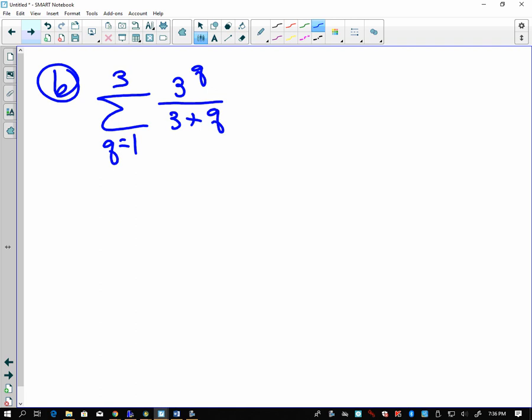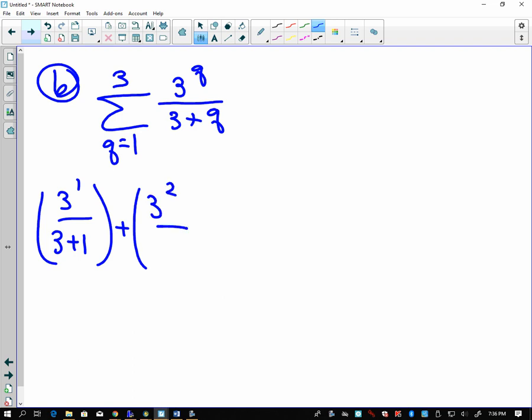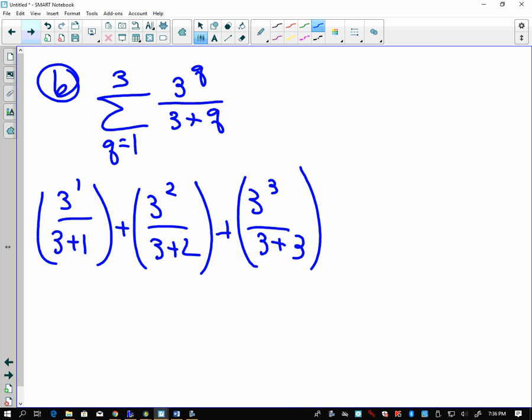So that means as I set it up down here, the first thing is I'm going to get 3 to the first over 3 plus 1 plus 3 squared over 3 plus 2 plus 3 to the third over 3 plus 3. Then we simplify. All right, so that's giving me what, 3 over 4 plus 9 over 5 plus 27 over 6. Okay, so we've got 3 fractions here.